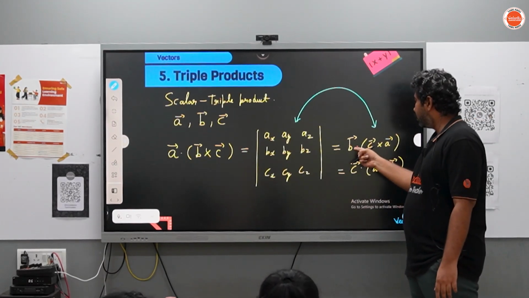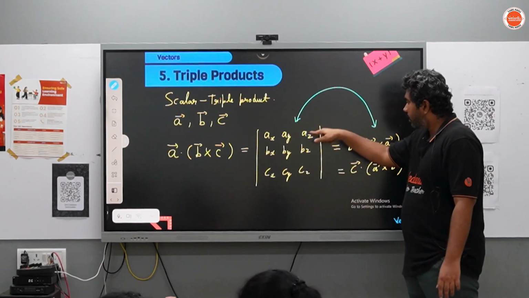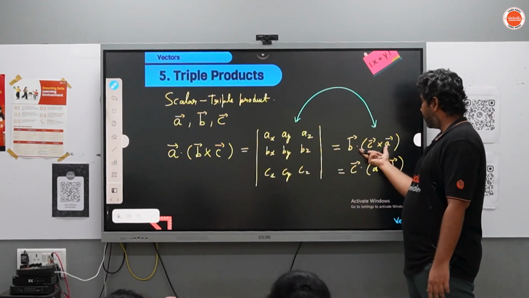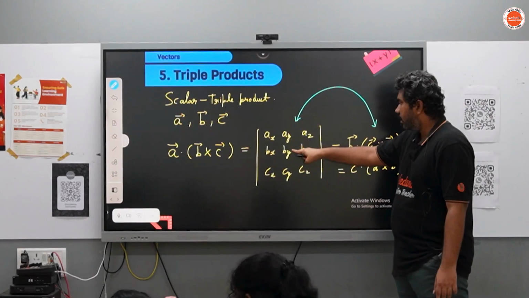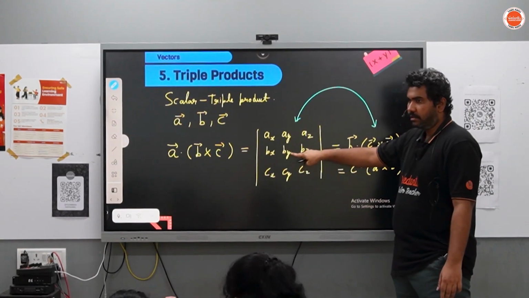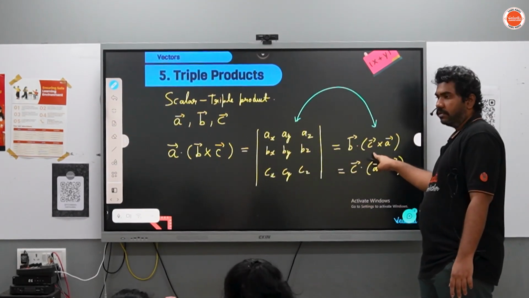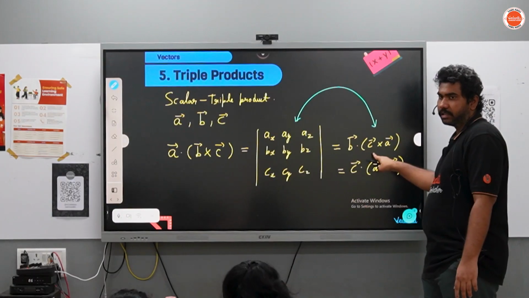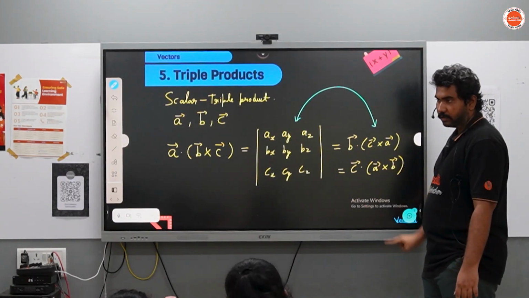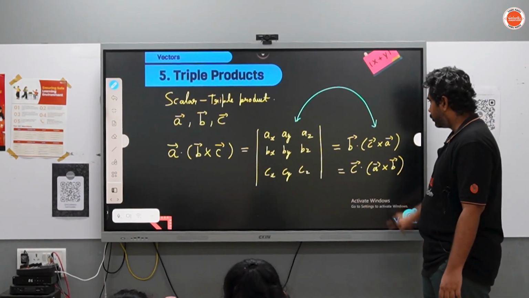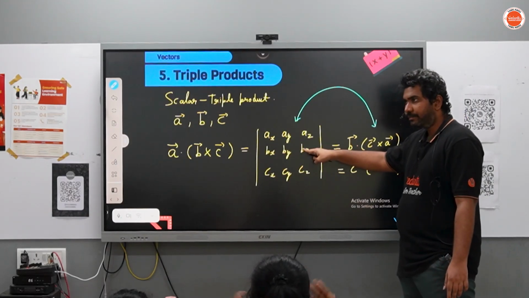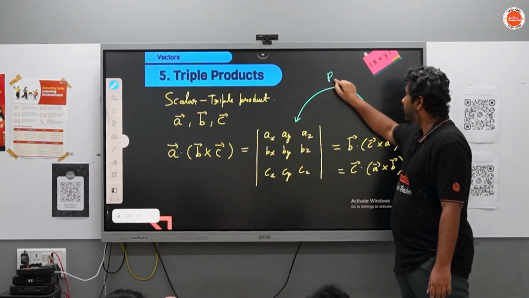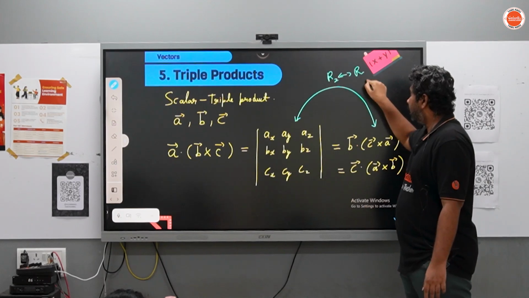So when we look at this as a determinant, what change must I do to get the determinant expression of this scalar triple product? B was in the first row, here B is in the second row, so I interchange.